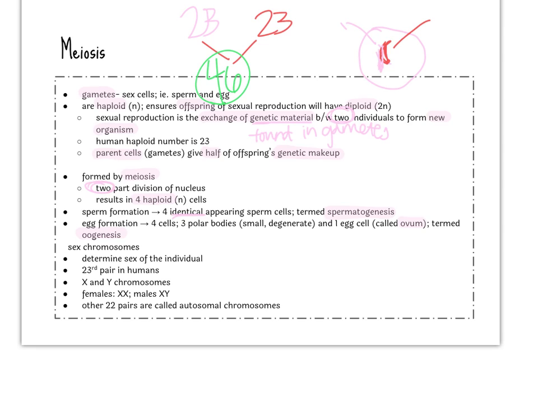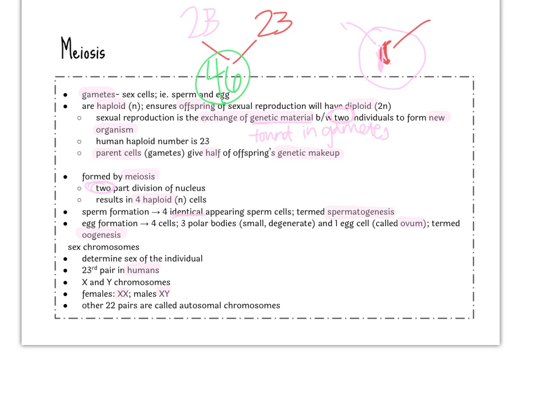But in humans, it's the 23rd pair. So in typical humans, if there's not a malfunction or anything, there are both X and Y chromosomes. But in females, there's only an XX. And then in males, there's an XY.